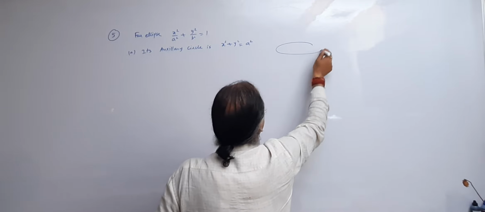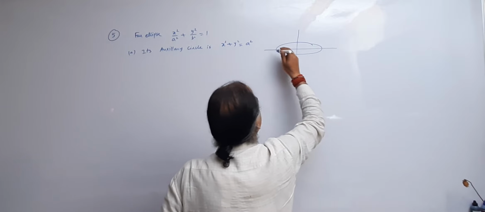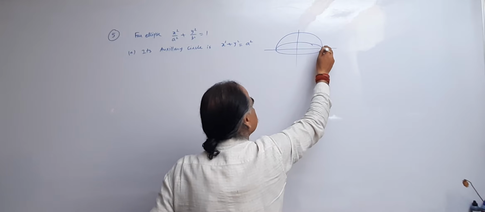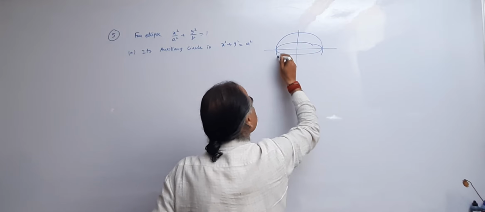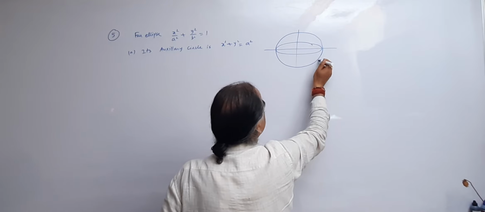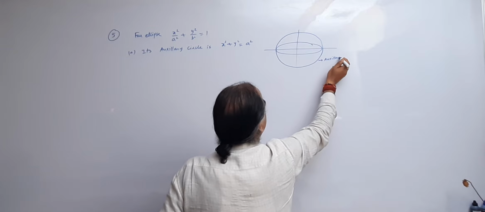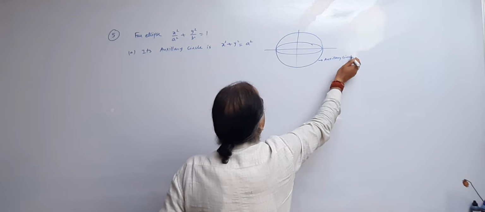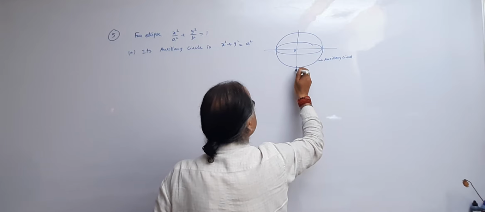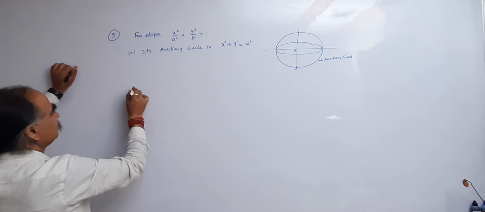This is the ellipse, and this is its auxiliary circle. It touches the end points of the major axis. The center is the same as the center of the ellipse, and the radius of the auxiliary circle is a.